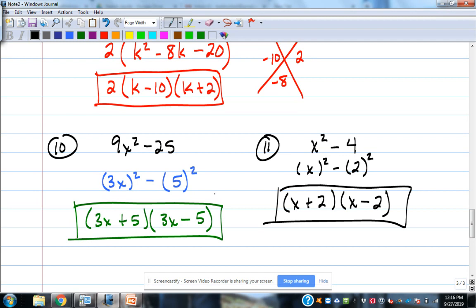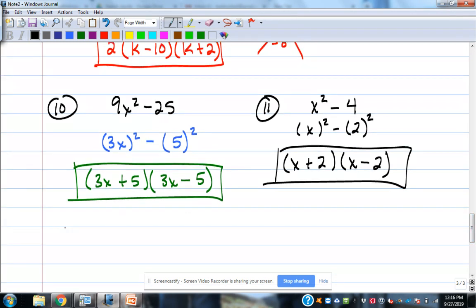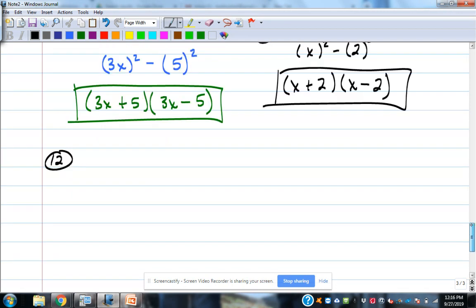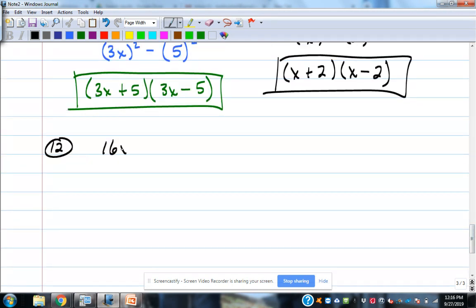Differences of squares should be the fast ones that we get really fast. Maybe we have 16x squared minus 1. So we're thinking this step here. What squared is 16x squared? 4x.